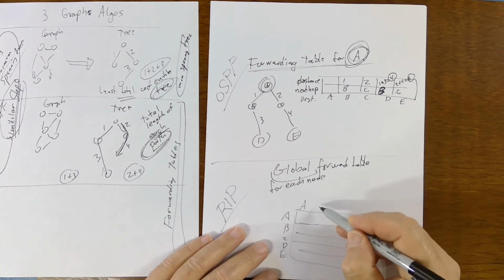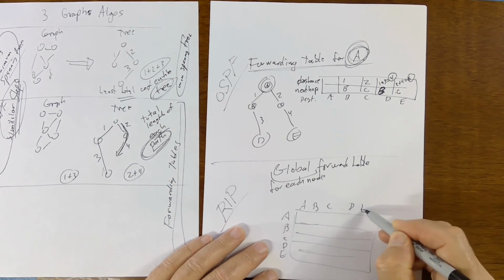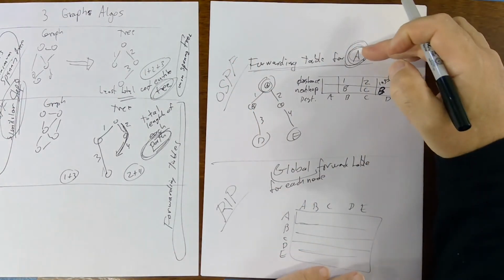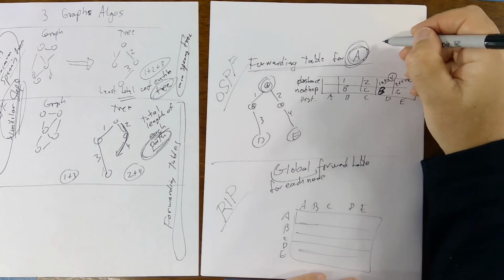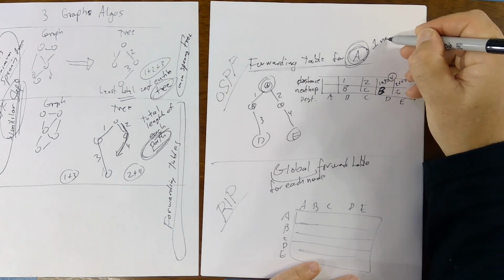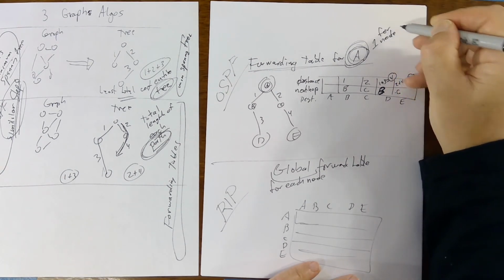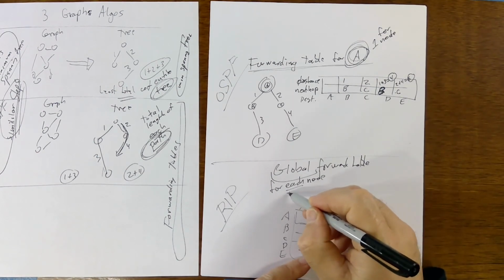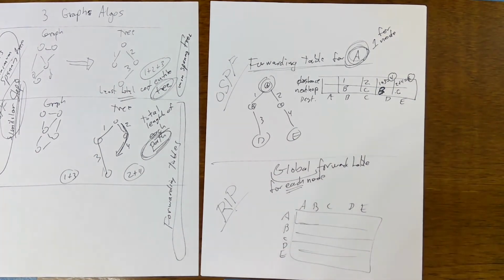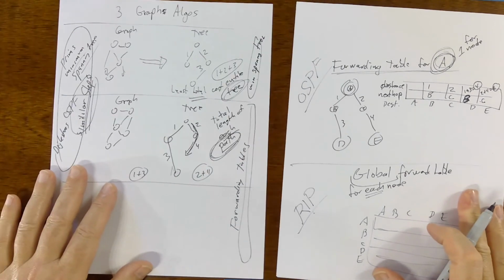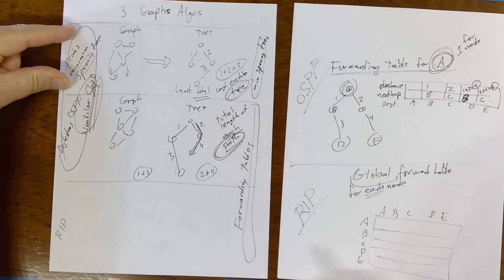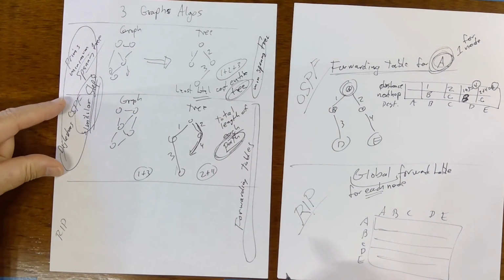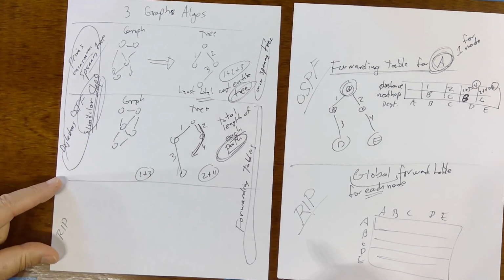It's going to be a two-dimensional table really, right? So OSPF is generating a forwarding table for one node, but this is for every node really, for each node, for RIP. All right, so we're going to do Prim's minimum spanning tree, we're going to do Dijkstra's OSPF, and we're going to do RIP.